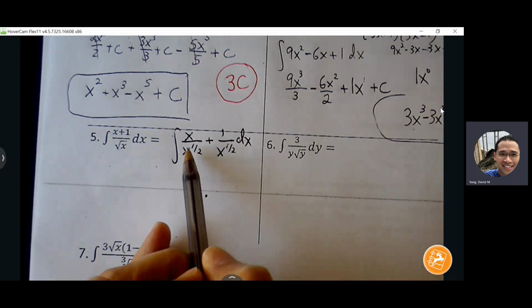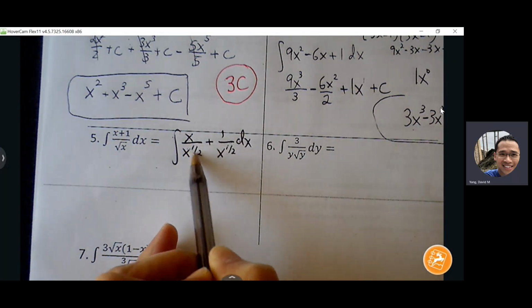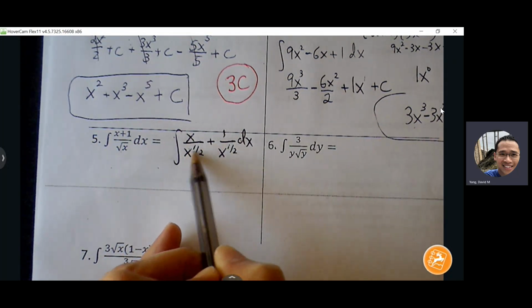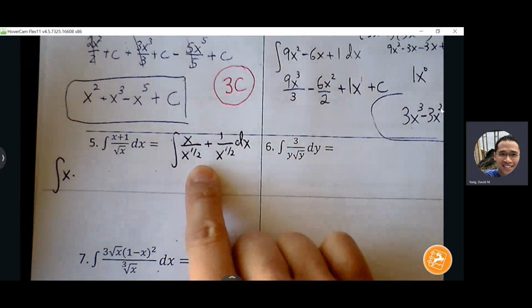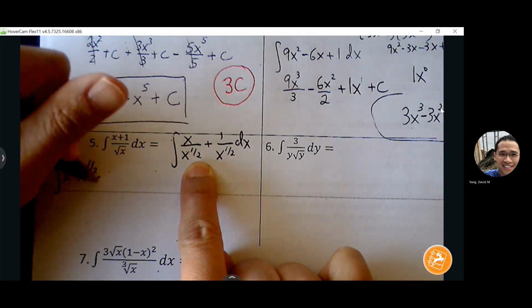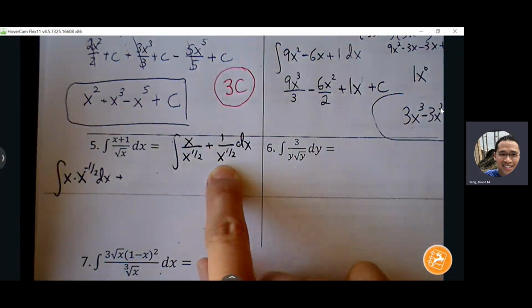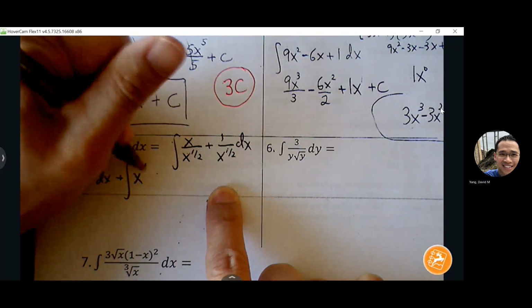So now I can individualize each term and bring each of the x up. So if this x to the 1/2 comes up, what does it become? It becomes x to the negative 1/2. Now this one also moves up, but it's going to have its own space.